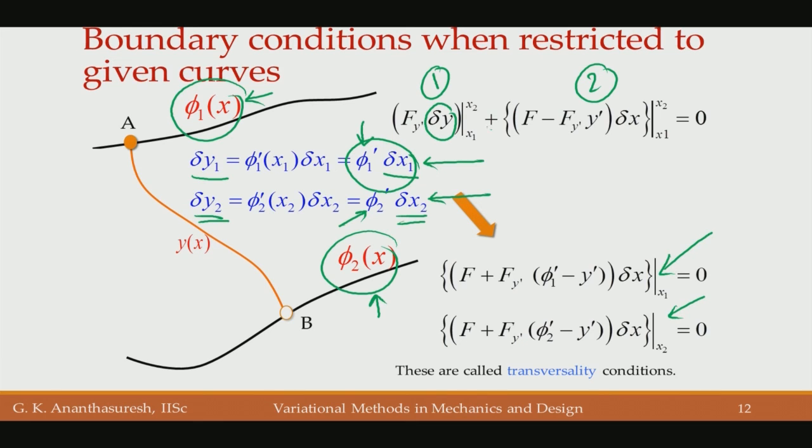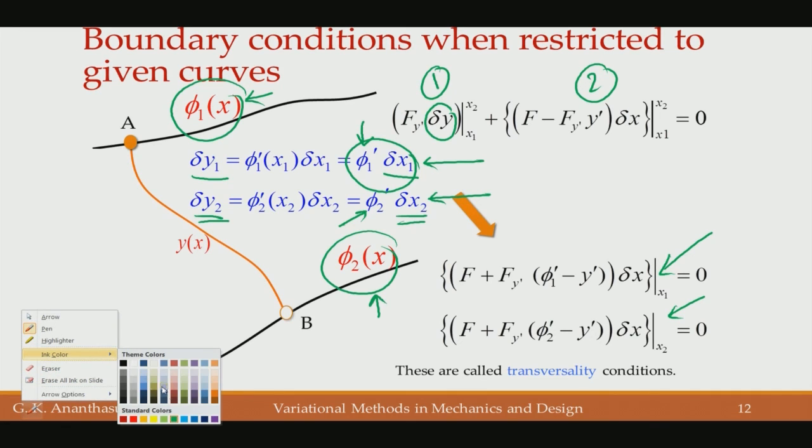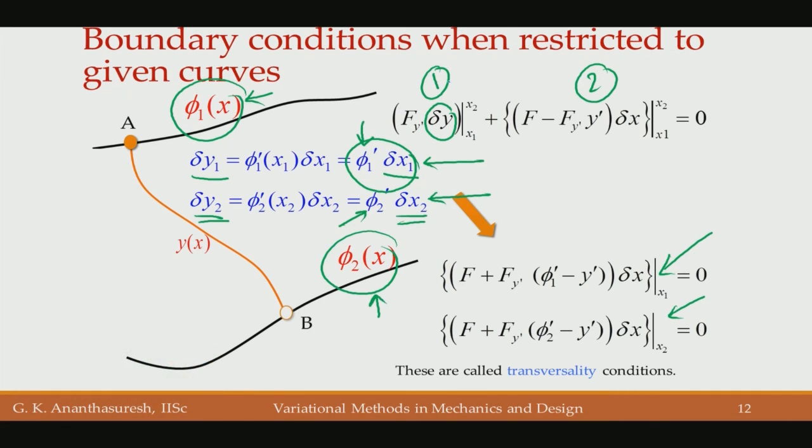1 and 2 together become, of course, these were from x1 to x2, right. Now, we have written one condition, another condition at x1 x2, because we have two different curves. So, here the curve involved was phi 1 of x, right.